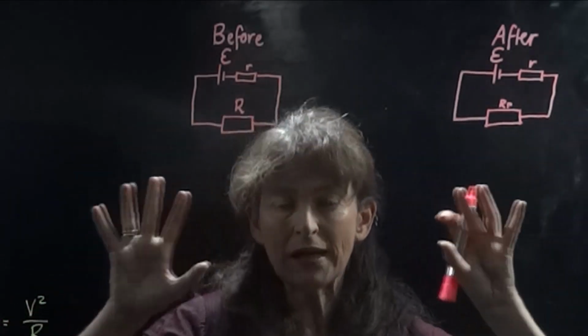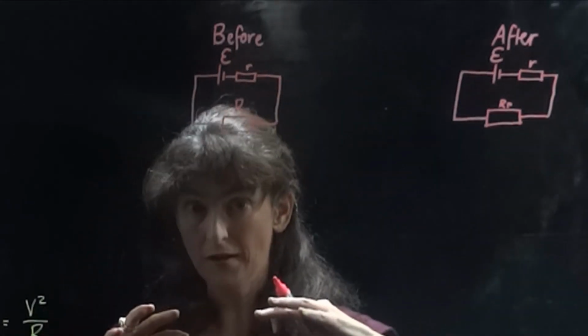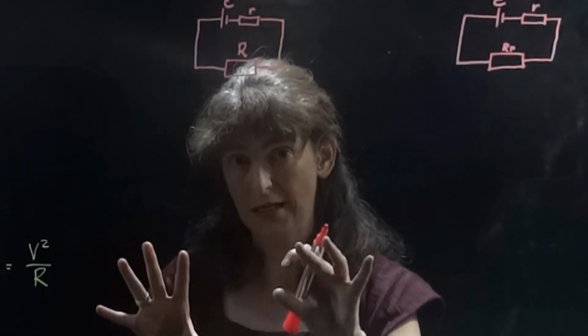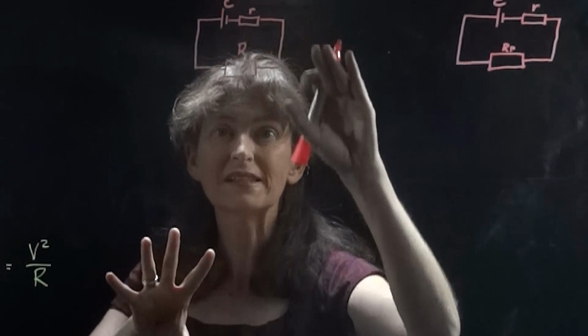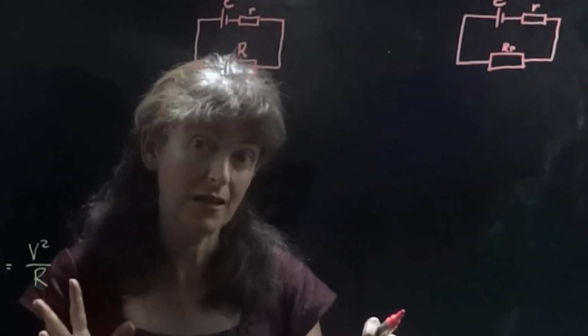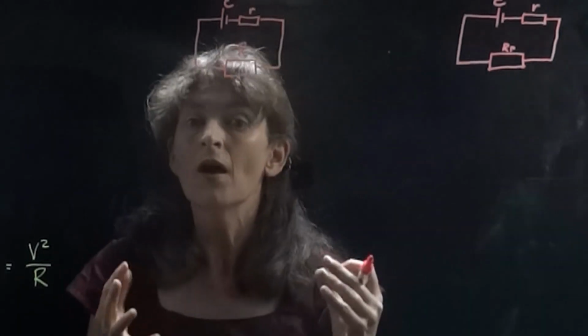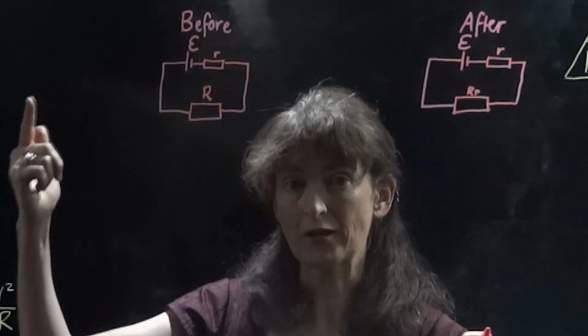So we understand that a battery has EMF, which it supplies. It supplies voltage, supplies energy per coulomb. And the resistors in series, or in effect in series, within the path, receive that voltage from the battery.